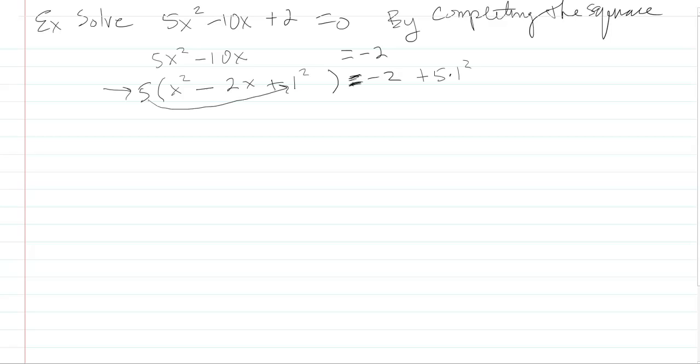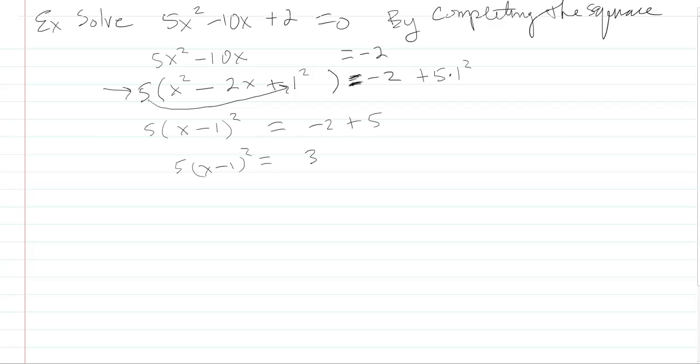So because we factored out 5, we got a little more bookkeeping to take care of here. We have to make sure. But now we have this. And over here, we've got what? Negative 2 plus 5. So I have x minus 1 squared equals, 5 of that, equals 3.